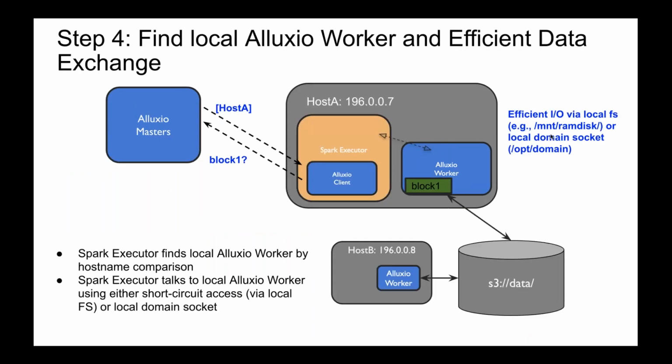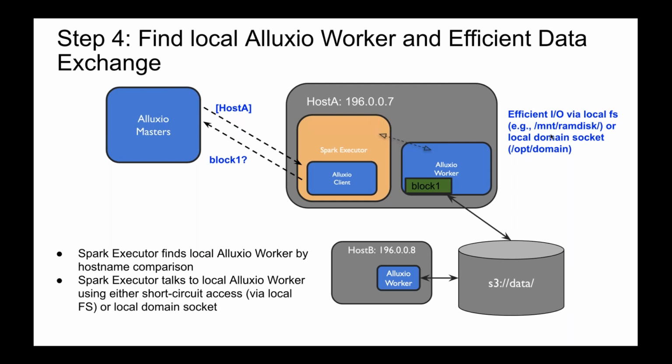On the next slide, assume we have the Spark executor launched locally on the host, local with the Alluxio worker. How do we ensure they recognize each other as local, so that they can use some efficient data sharing mechanism here?